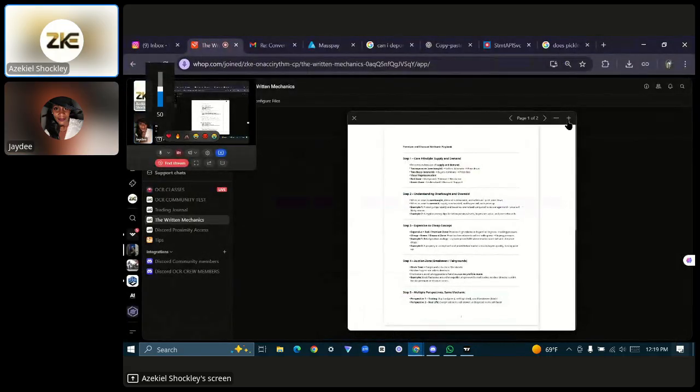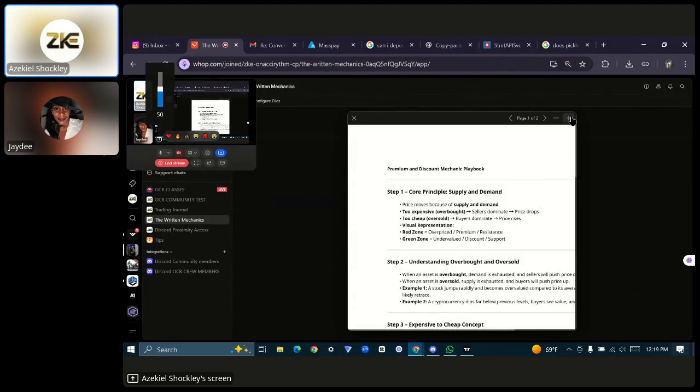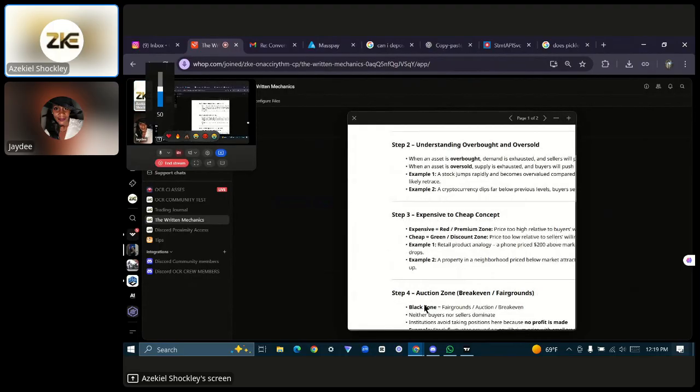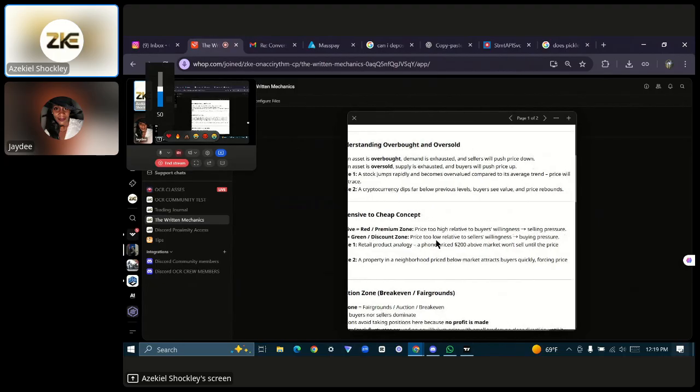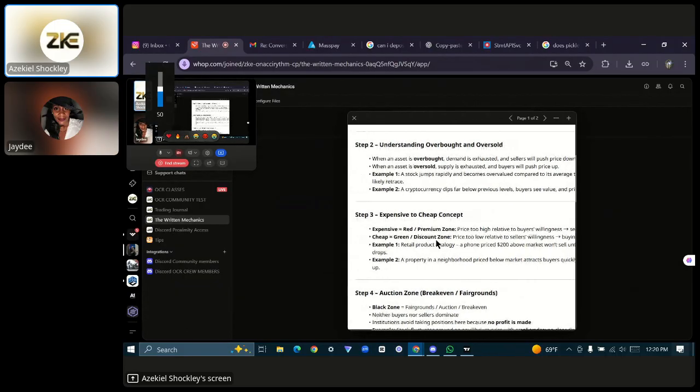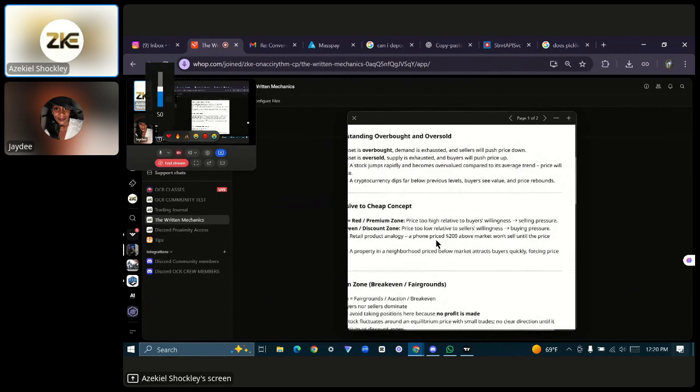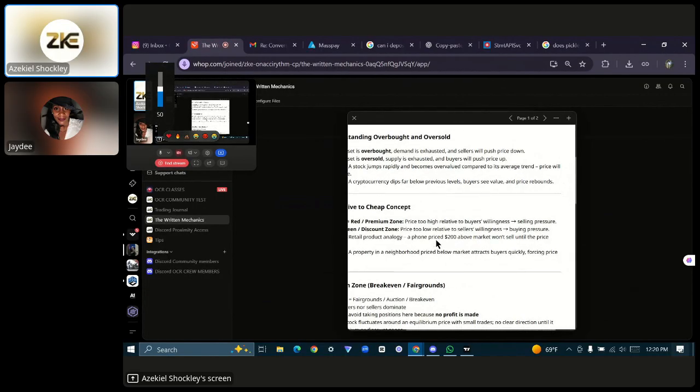So let's get into it. We're on step three: expensive to cheap concept. Expensive equals red, the premium zone. Price is too high relative to buyers' willingness, which means selling pressure. Then you have cheap, your green discount zone. Price is too low relative to sellers' willingness, which turns into buying pressure.